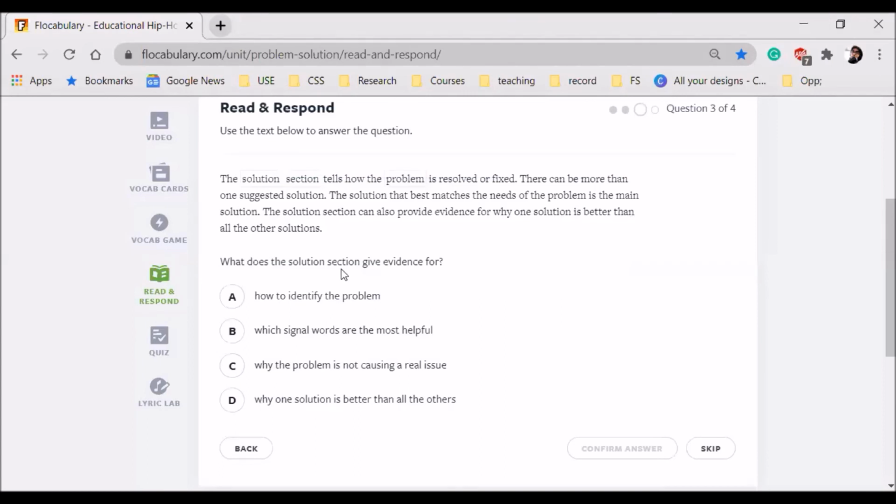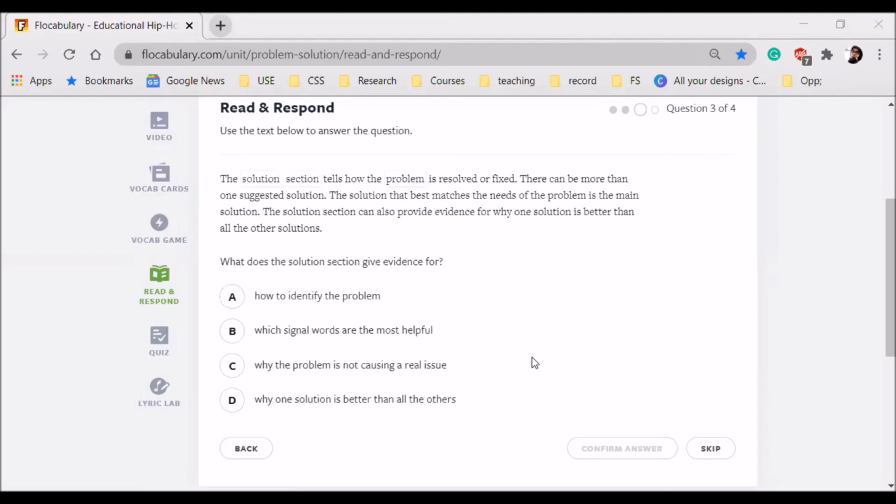What does the solution section give evidence for? What do you think? A, B, C, or D? How to identify the problem? Why would it show that? Because the problem would already be defined.